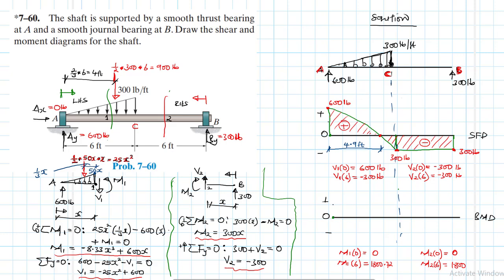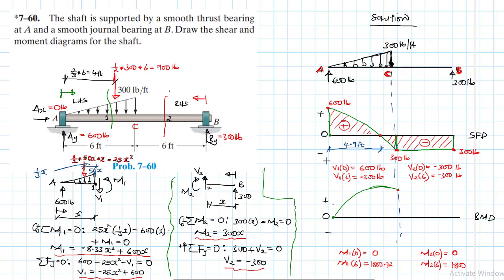Of course, we expect this function to open like so, and then there will be a point where it's maximum, and then it begins to fall, something like this. So this point here, we already calculated: 1800.72.